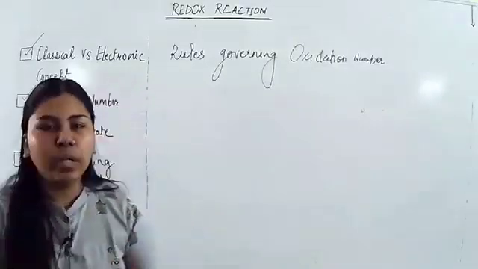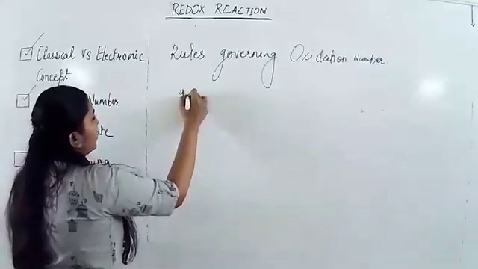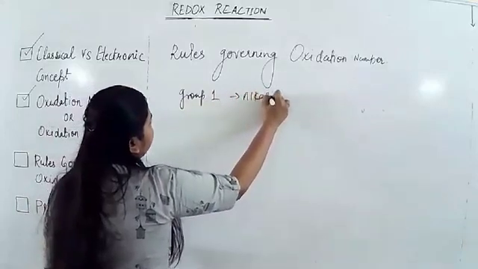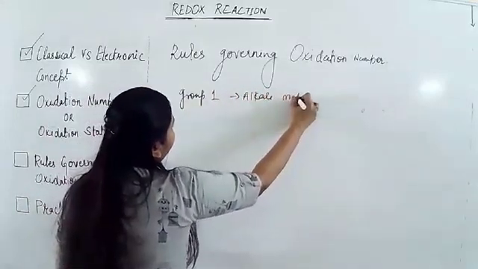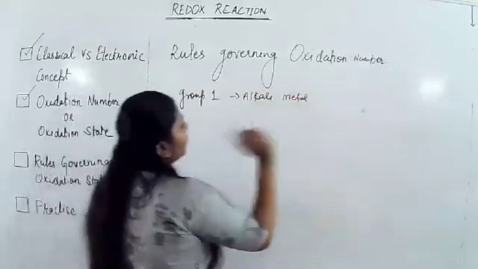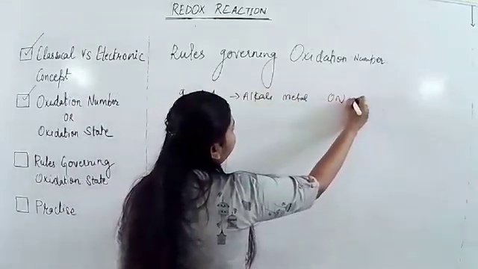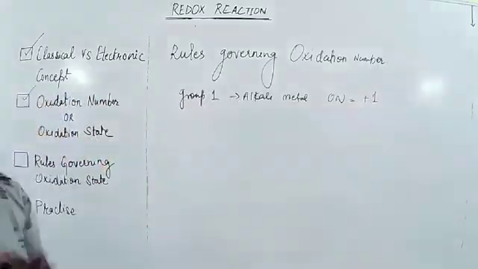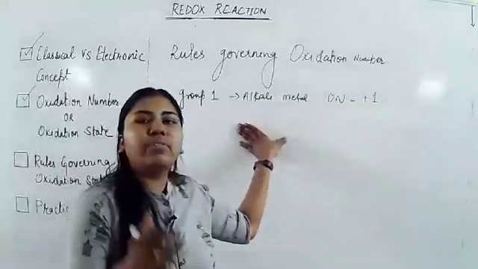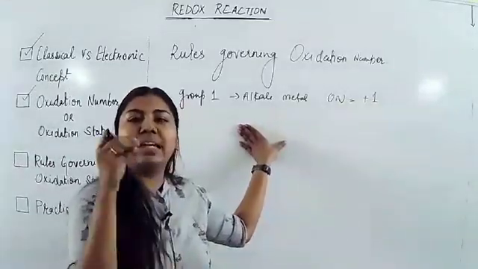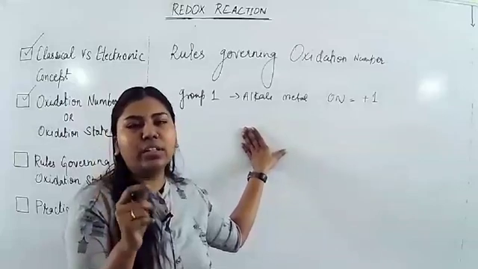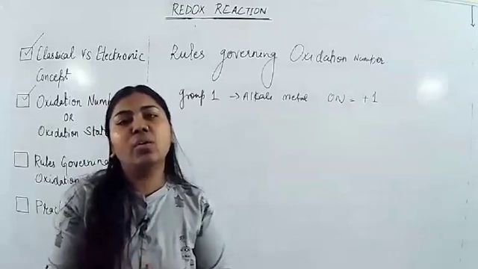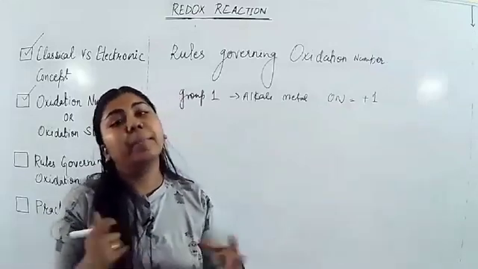Group 1, the alkali metals, s block elements, will always have the oxidation number of +1. Why? Because first group elements have one valence electron and are ready to donate it, so they attain a positive charge after donation. So they will have oxidation number +1.